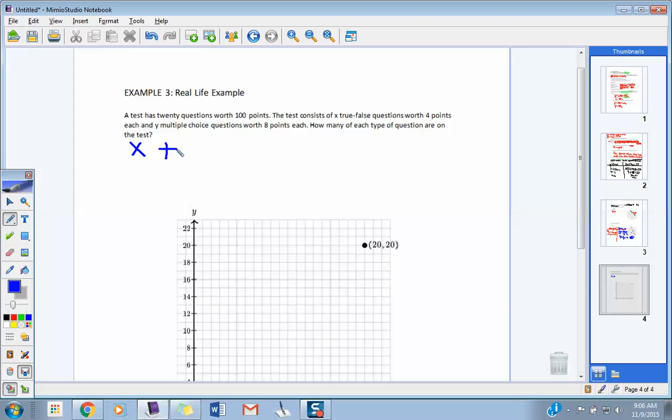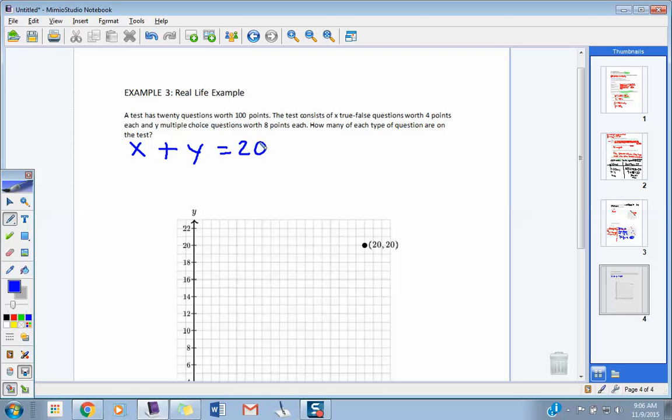Multiple choice represented by the Y. Together, those questions have to total how many questions? How many questions on the test? 20 of them, right? Okay, so my X plus my Y has to equal 20. You have X true-false questions plus Y multiple choice questions to total 20 questions.